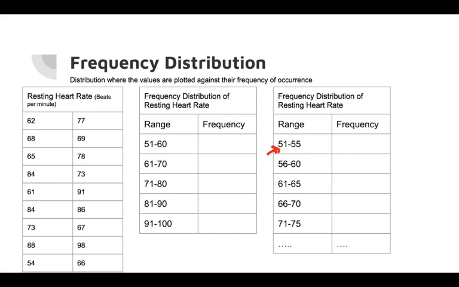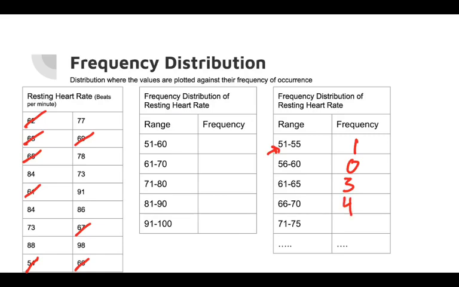So 51 to 55, I have 1. 56 to 60, I have 0. 61 to 65, I have 1, 2, 3. 66 to 70, I have 1, 2, 3, 4.